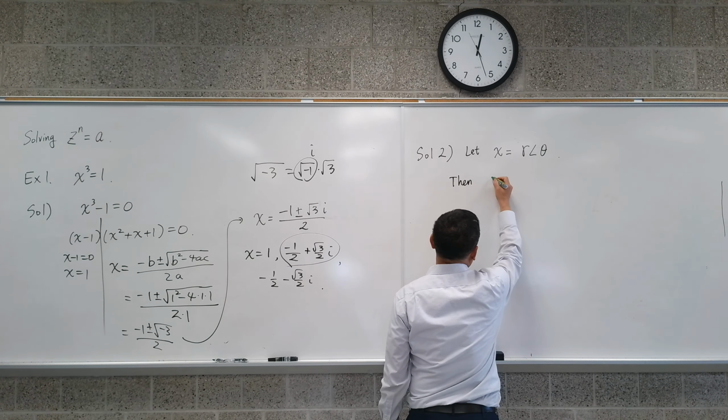How about the angles? Angles add, right? What's theta plus theta? 2 theta. And then you have another r angle theta. Magnitudes multiply. Angles add. Okay? And you can say that this is De Moivre's theorem.